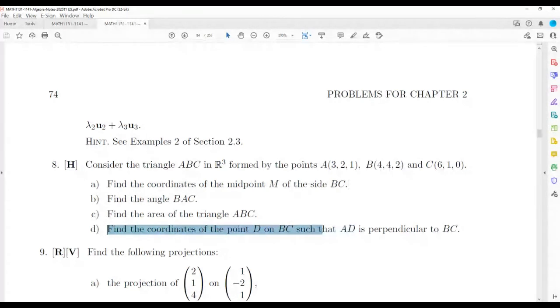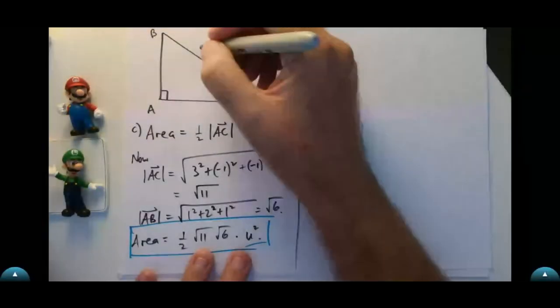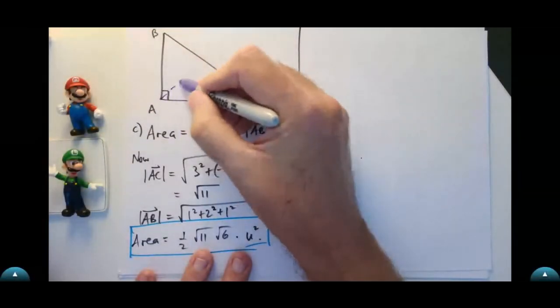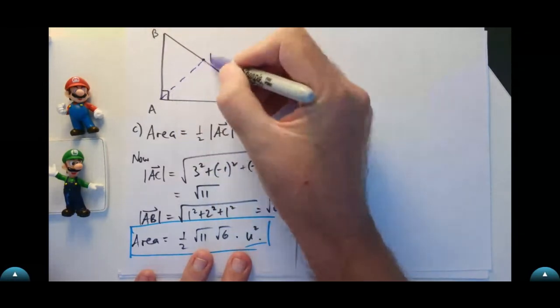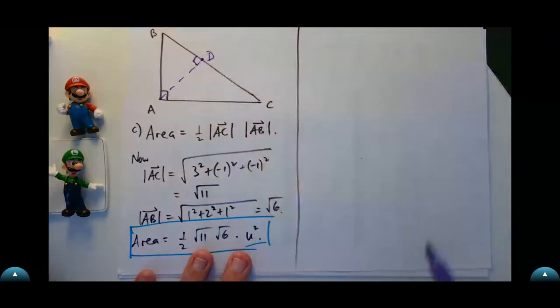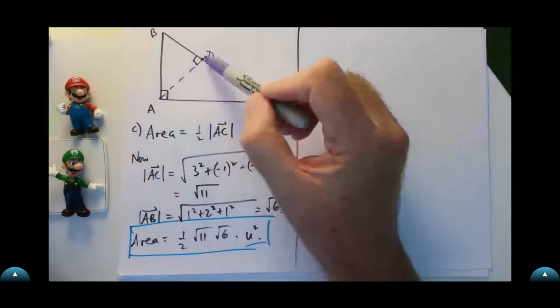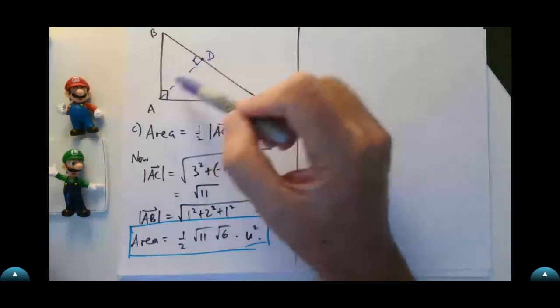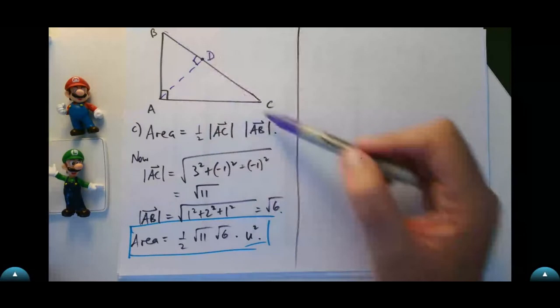Find the coordinates of the point D on BC such that AD is perpendicular to BC. So it's best if you just draw a picture with this one and see what is happening. So what they're asking you to do is to find some point there such that this vector is at a 90 degree angle to this vector.